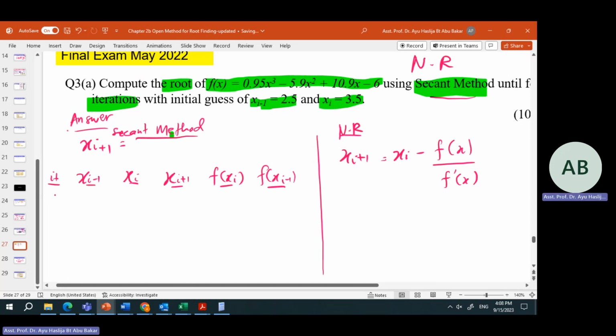Okay, so for the first iteration, x_{i-1} is 2.5, x_i is 3.5. So you find out your x_{i+1}. Then move up to 4 iterations.